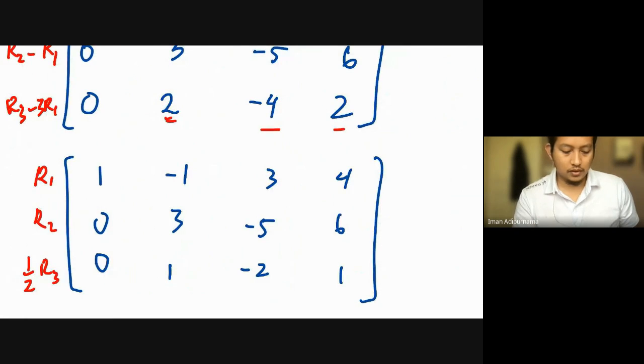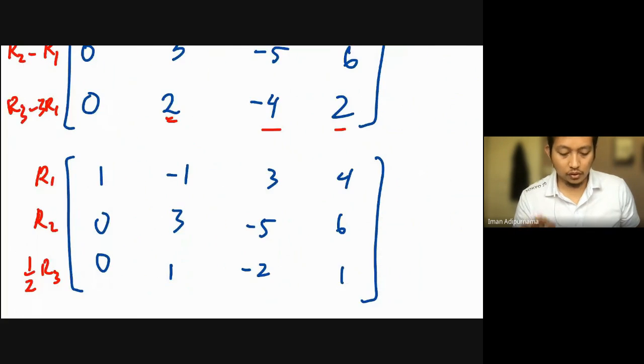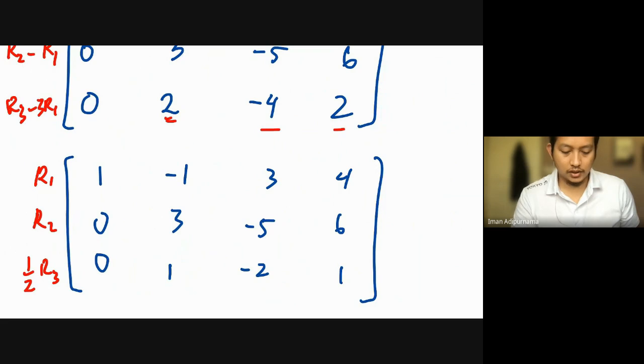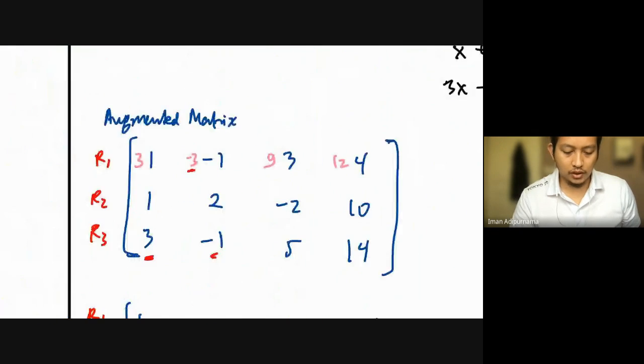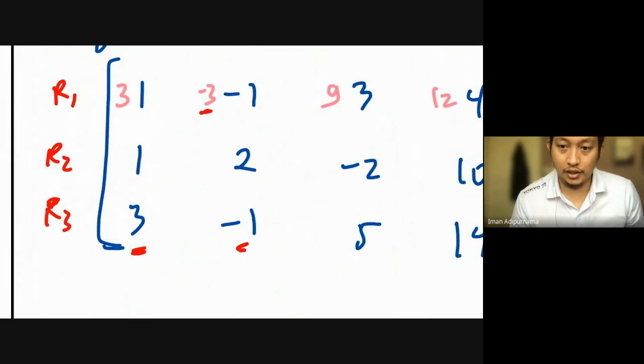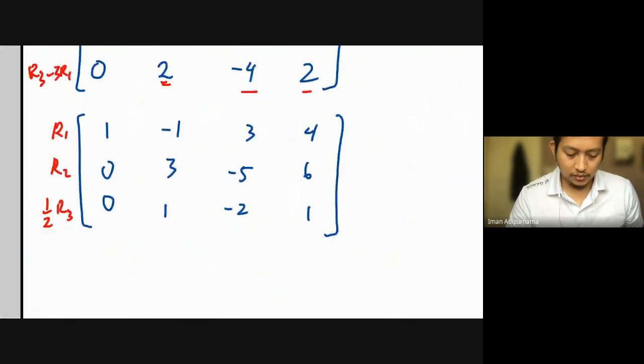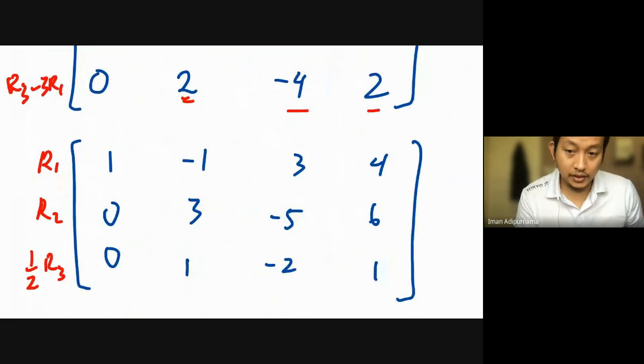To make sure, let me confirm what R1, R2, R3 are here. This is not the same as the one we used at the beginning. This is the one from the previous process.